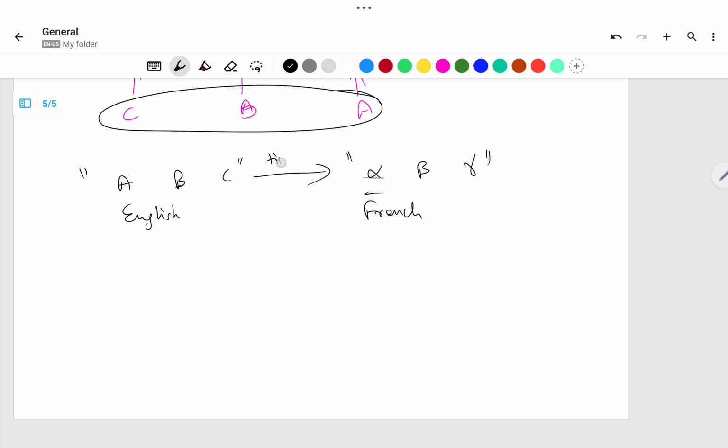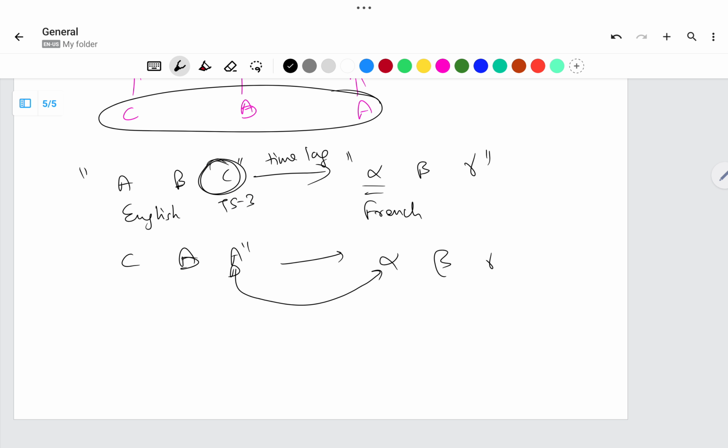So let's say this was the initial time lag they had. Now if we reverse the input sequence and try producing alpha, beta, gamma, the distance between A and alpha is significantly reduced. In, let's say, time step 3, C was going in as input, and in time step 1, A went in as input.